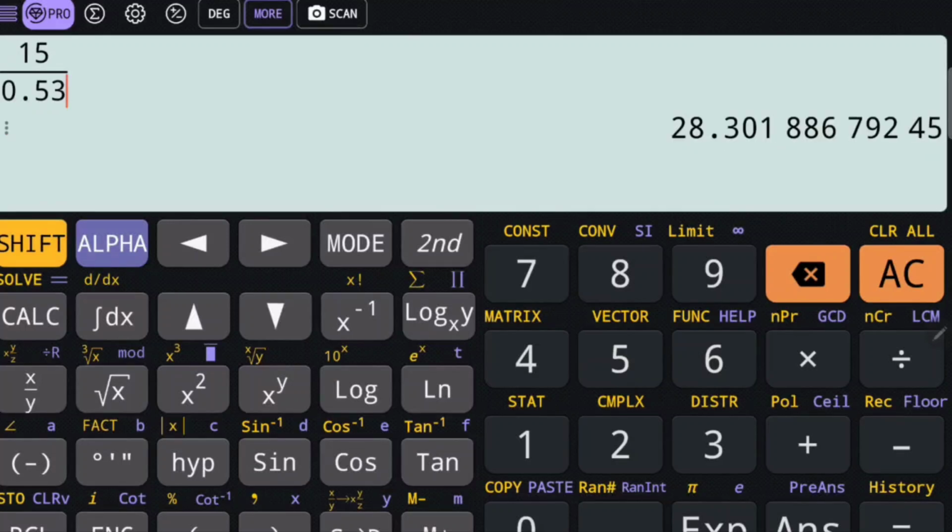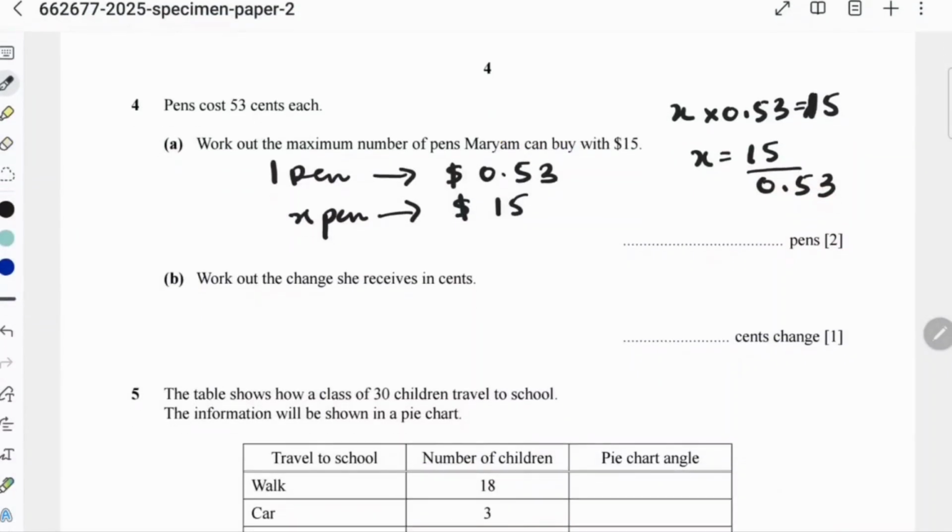That is 28.3. So obviously the number of pens cannot be a decimal, so we write down 28 pens.